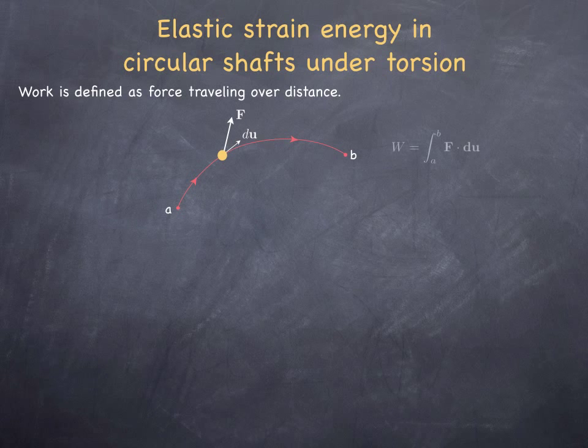As before, the work is defined as force traveling over distance. So if I have a force vector, and this force vector is acting on a particle that is traversing a path from A to B, and that is marked with that red line, and if the path that it traverses has a tangent at a particular instance in time as du, then simply the work done is the inner product of that vector f with du integrated over the entire path.